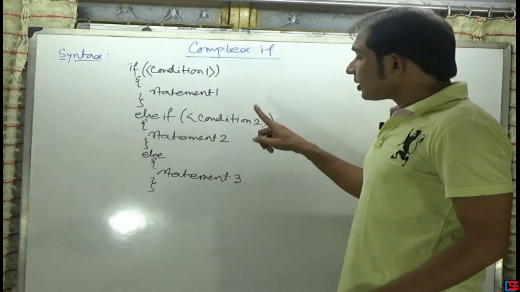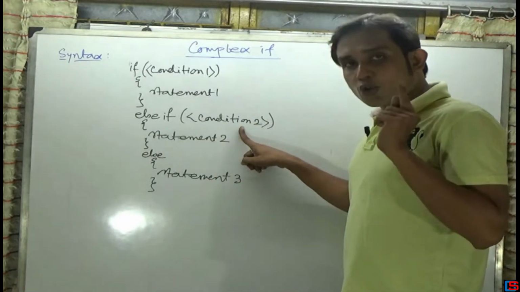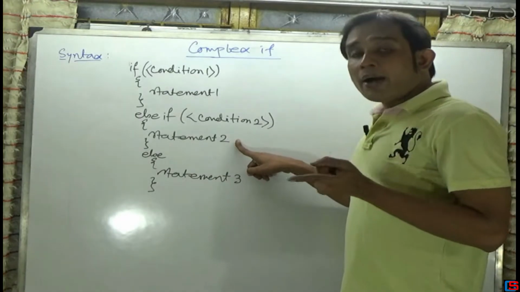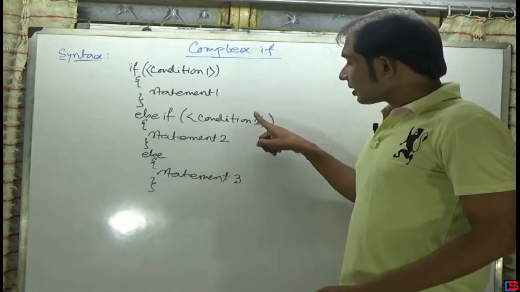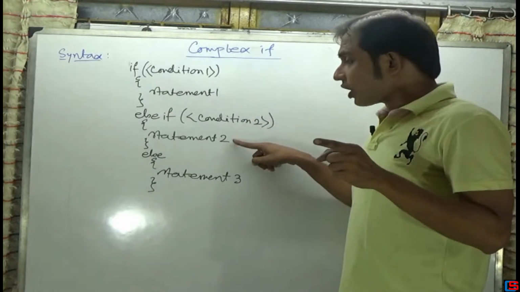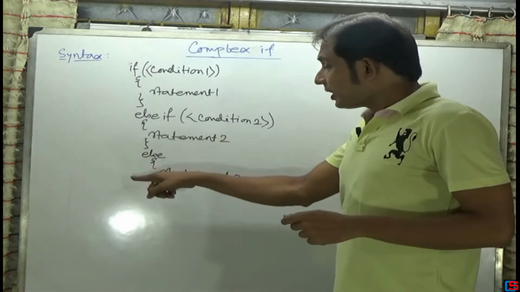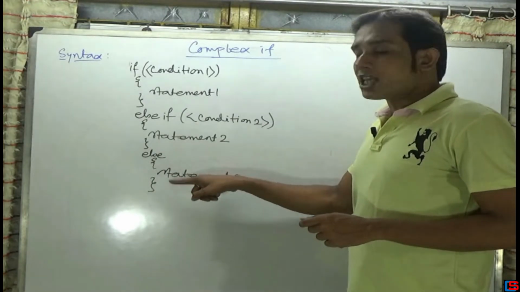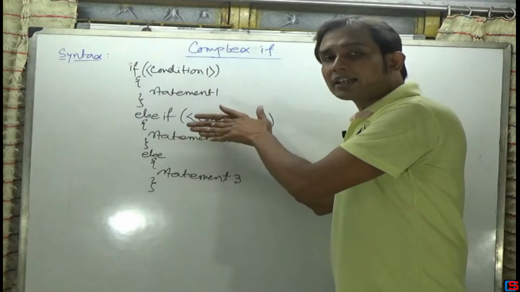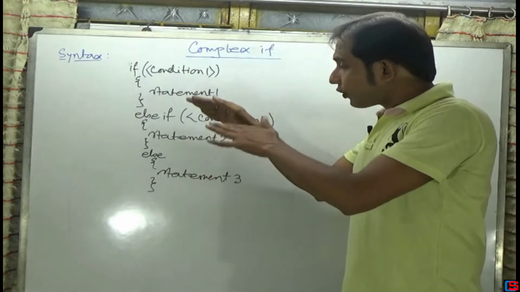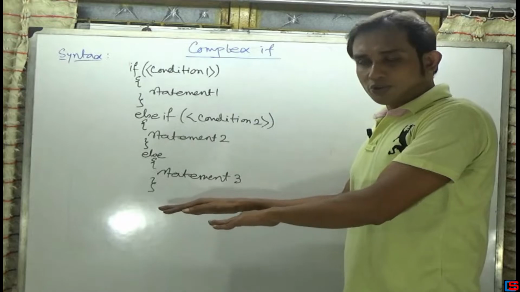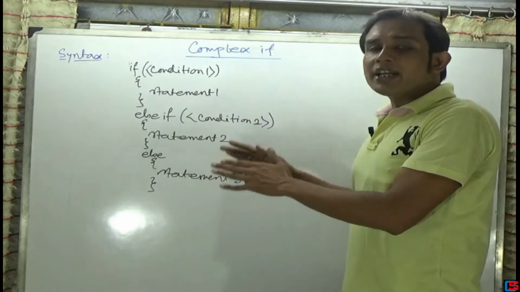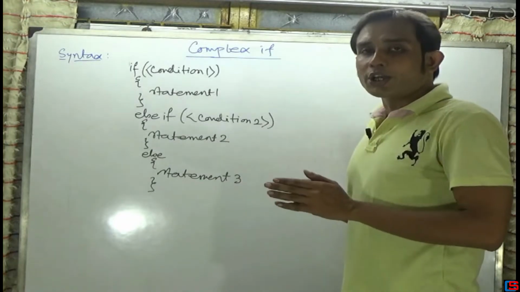Now if the condition 2 is true, then statement 2 is going to execute, and then the rest of the other portion, that is maybe else, or maybe another else if block, so the rest of the complex if statement is not going to be checked and not going to execute.